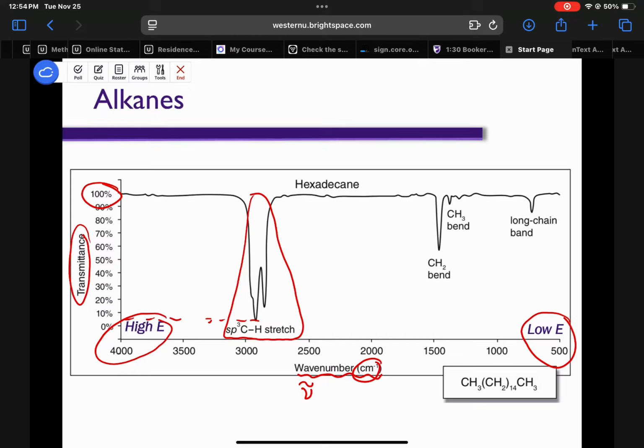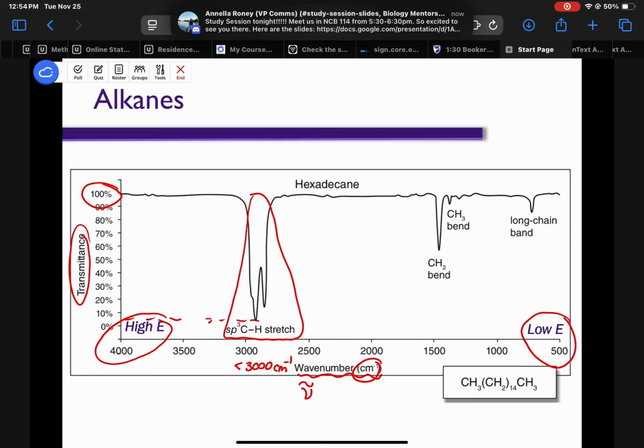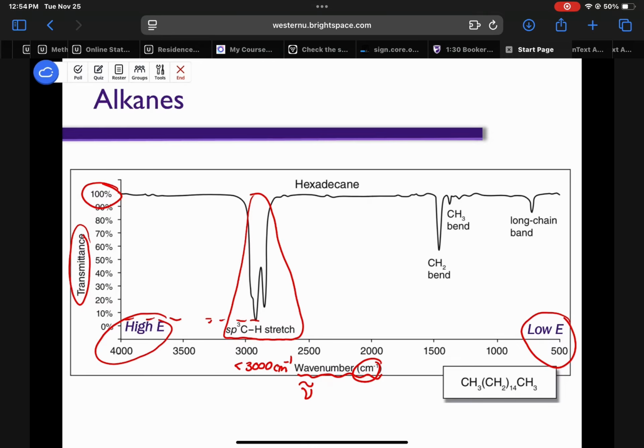So here we see an absorption peak just less than about 3,000 wave numbers. And it's a very bold peak. It's intense, it's strong. Here we have our alkyl or sp3 carbon hydrogen stretches, and they absorb in the 2800 to 2950 region. So you can see it's just less than 3000 wave numbers.